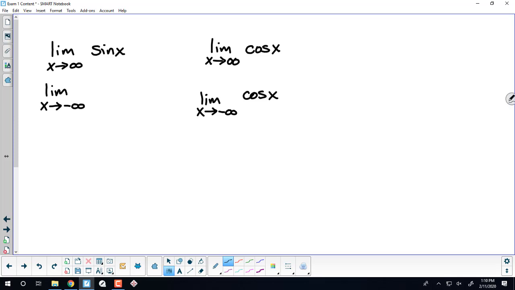Well, the functions do continue, right? Like the limit as x approaches infinity, the limit doesn't exist. It's just going to stay between the interval that it is. Right, yeah. So these limits for sine and cosine, these four limits, none of those limits exist.